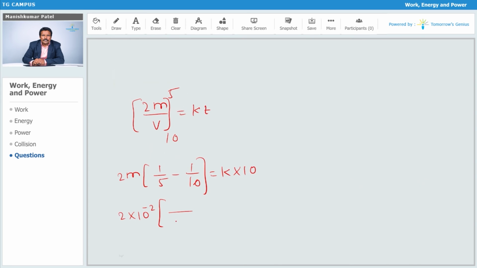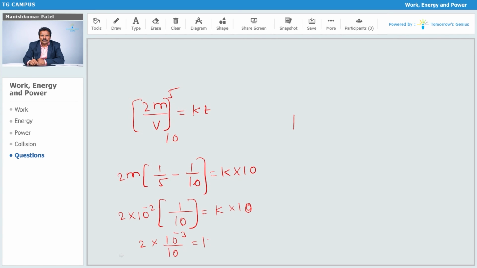So 1 by 5 minus 1 by 10 is 1 by 10, which equals k into 10 over here. So this is 10 to the power minus 3 equals 10 k.